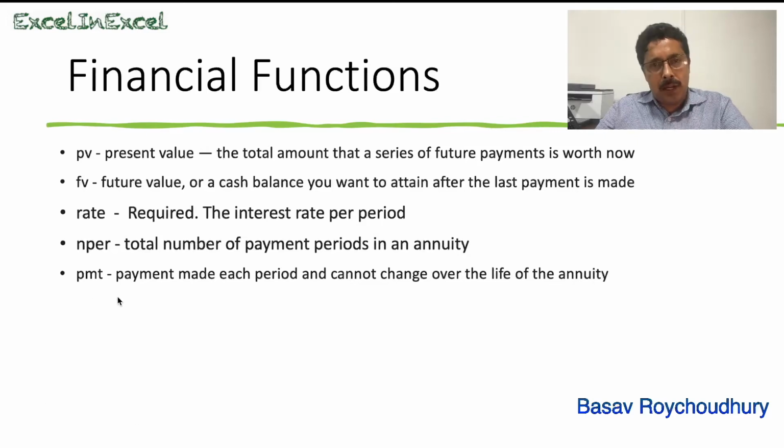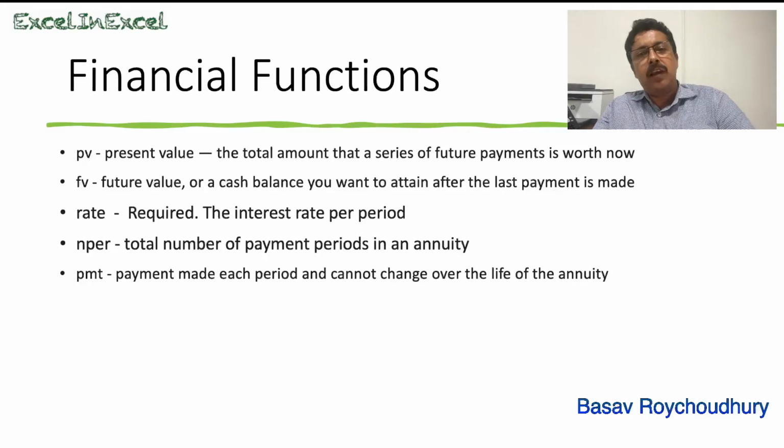PMT is another argument, and that means the payment that we pay at regular intervals, and this is a fixed payment. It cannot be changed during the life of the annuity, during the life of this payment cycle.